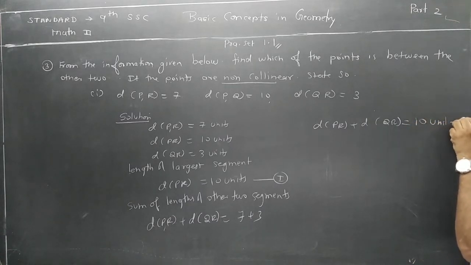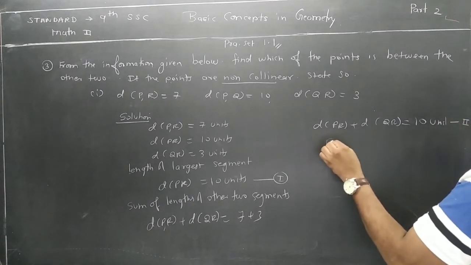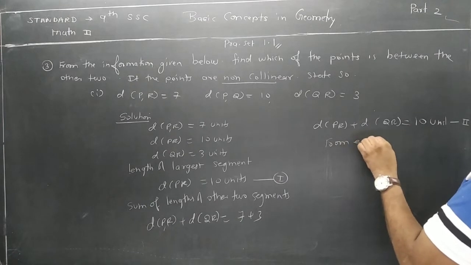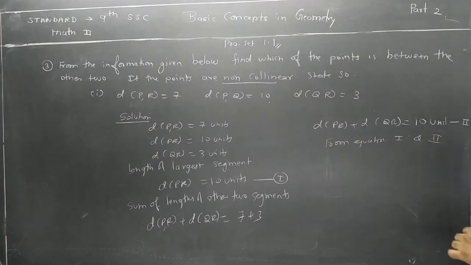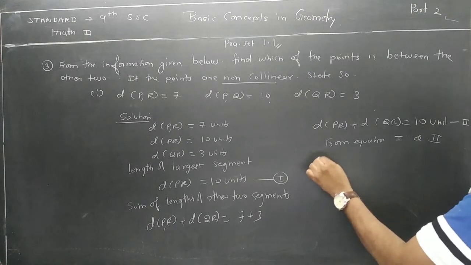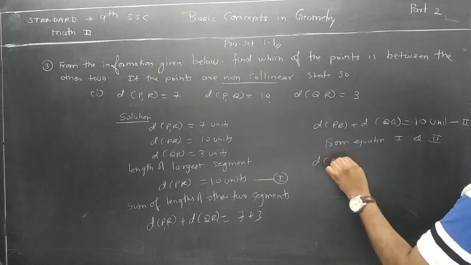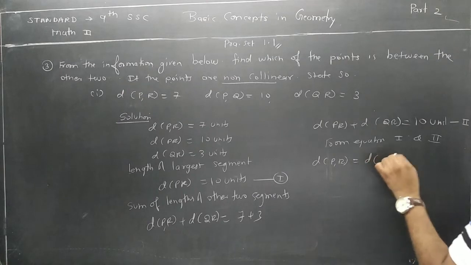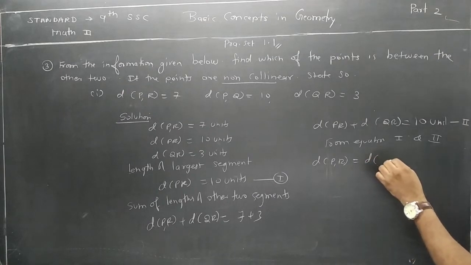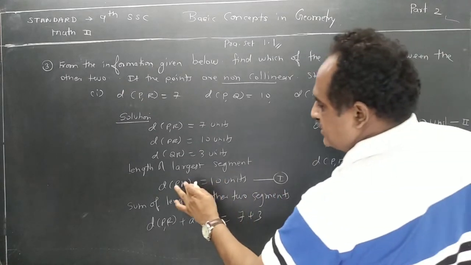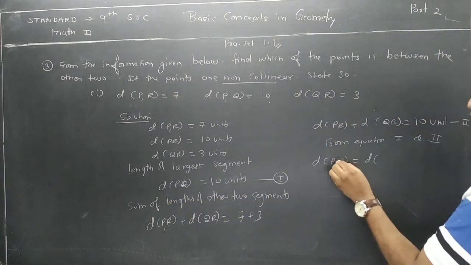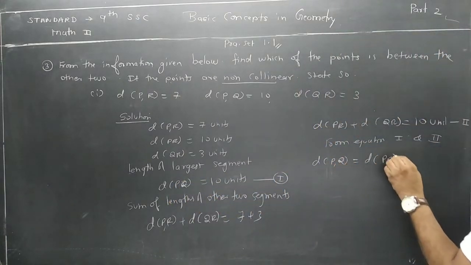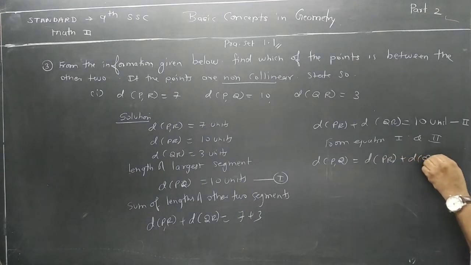That is equation 2. So what can you see from 1 and 2? From equation 1 and 2, what I can say is that distance PR is equal to distance PQ plus distance QR.